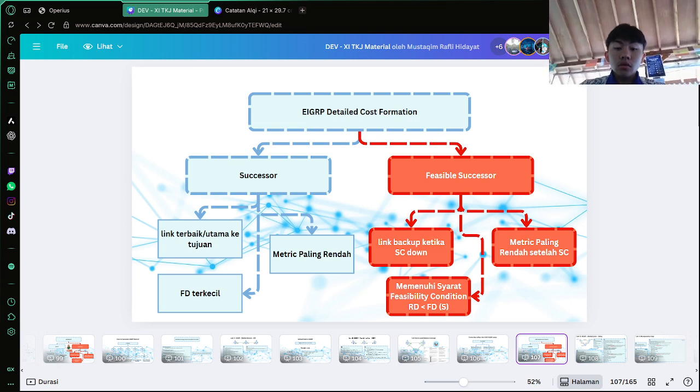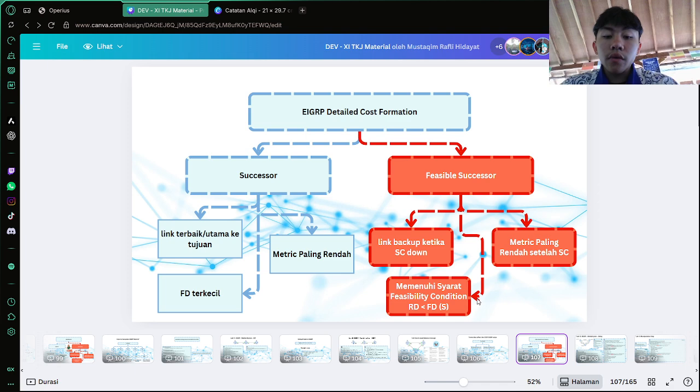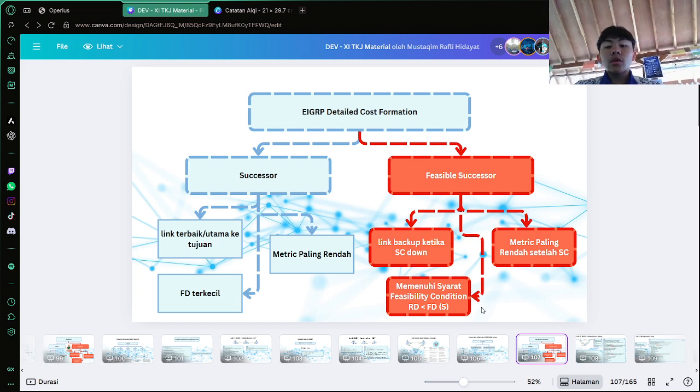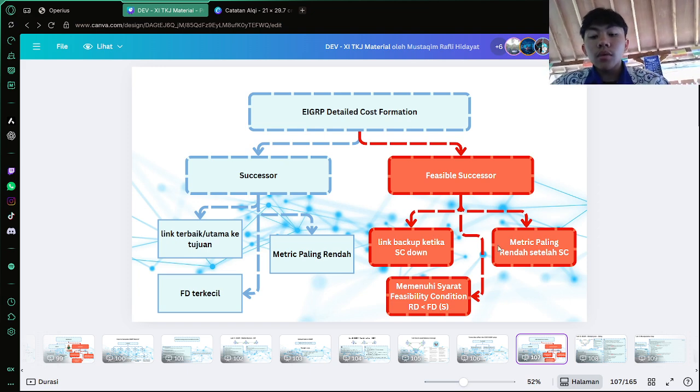The tailored cost components for the feasible successor. The first is link backup condition: when the successor connection fails, it automatically switches over to the feasible successor, and no routing algorithm recalculation is needed. The next is lowest metric after successor failure: EIGRP maintains multiple backup options and selects the best available alternative instantly.